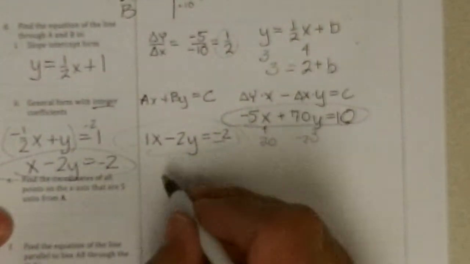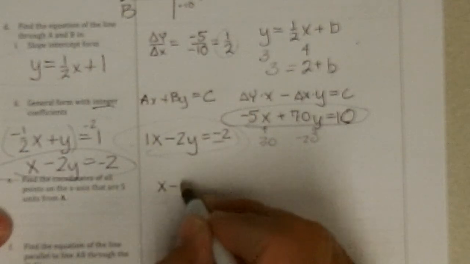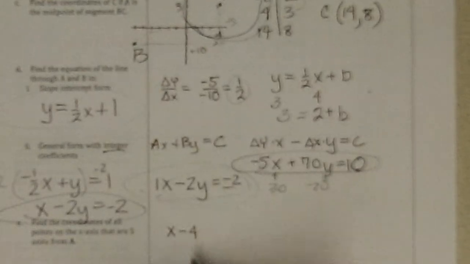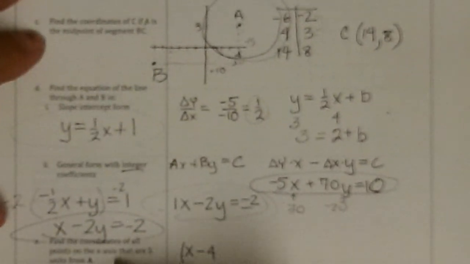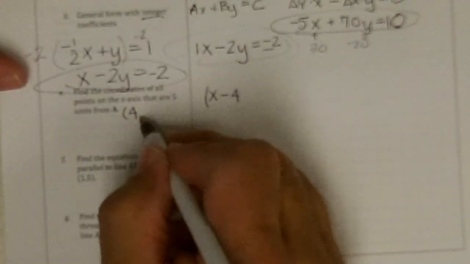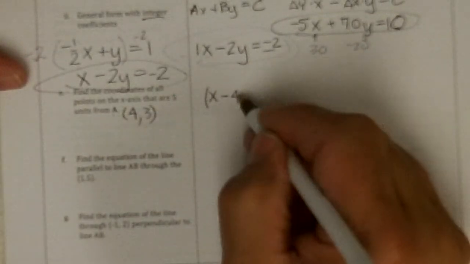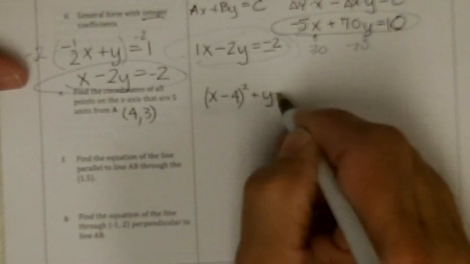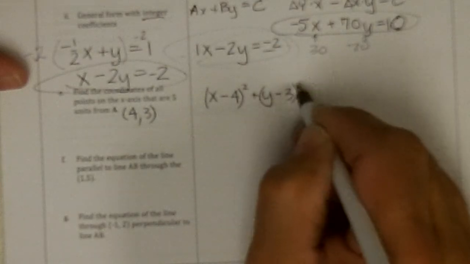The equation of that circle is going to be x minus 4, because the x coordinate was 4. A is 4, 3. X minus 4 squared plus y minus 3 squared.